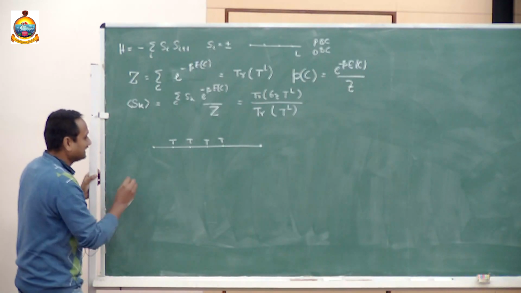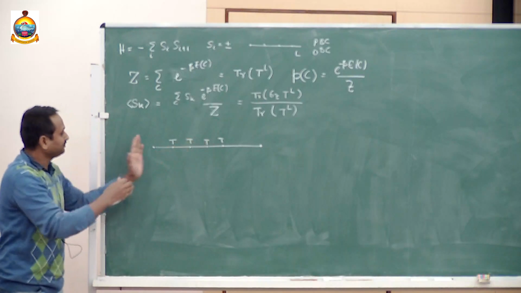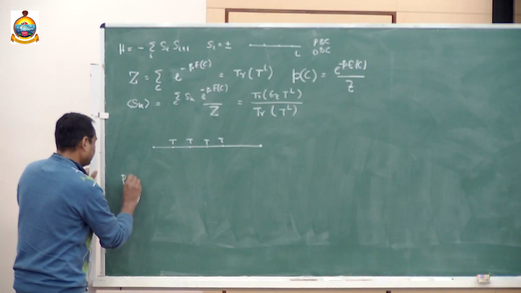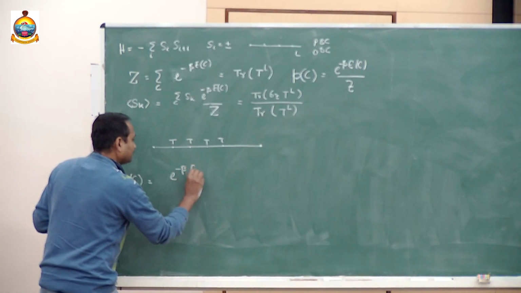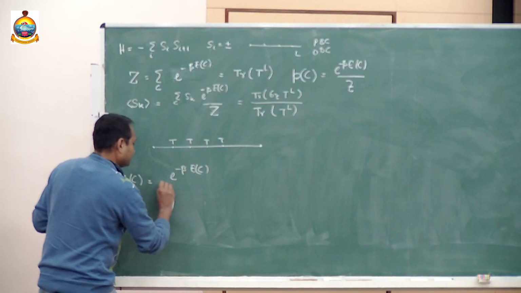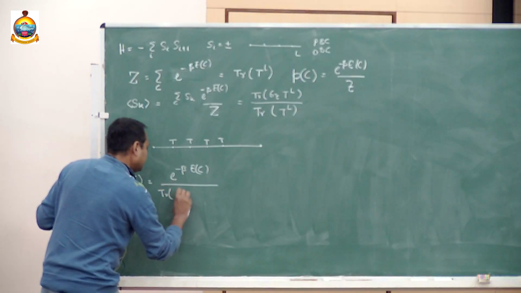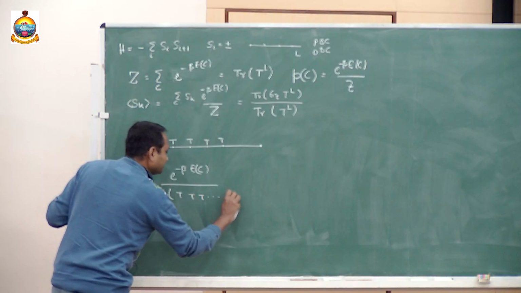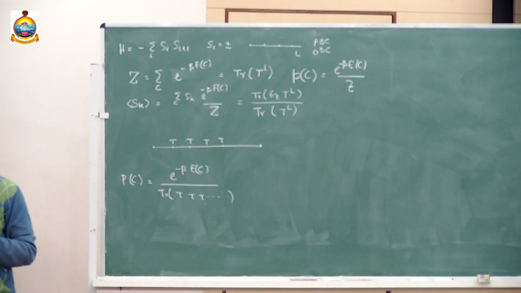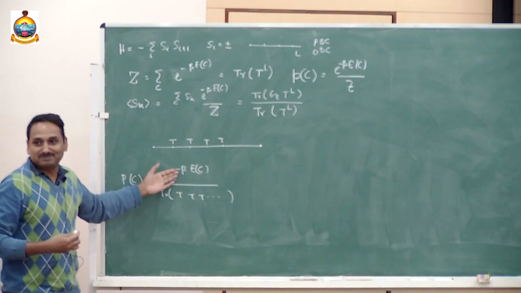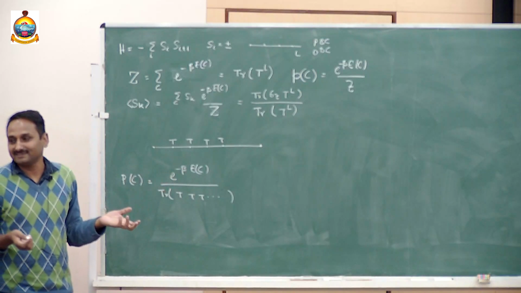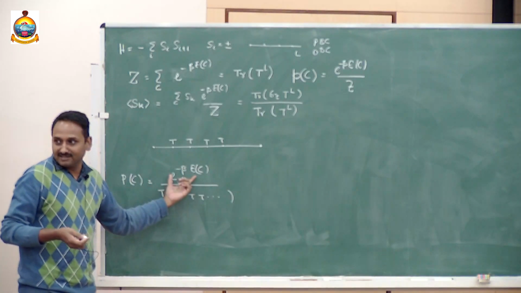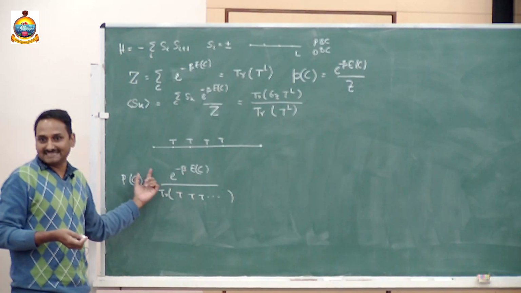If you write T, your probability of a configuration is e to the power minus beta E of C for a configuration, divided by the trace of as many T's as you have, on a periodic boundary condition. It would be very nice if you can write the probability on the top also as matrices. This is a number, and this is also a number, but you are writing it as a trace of something.